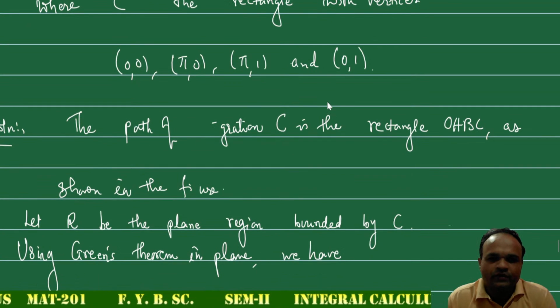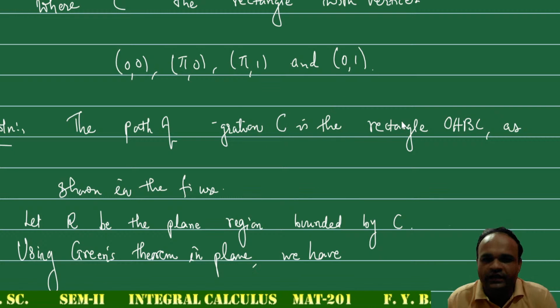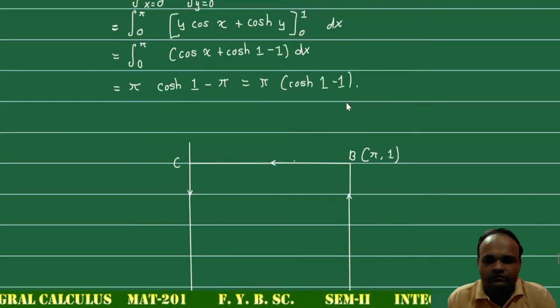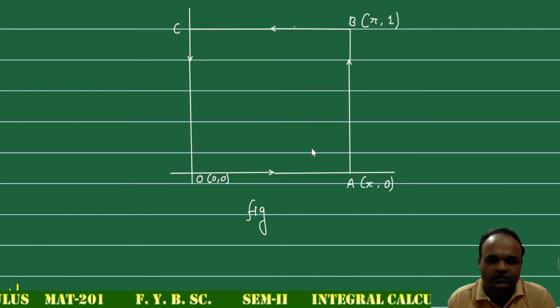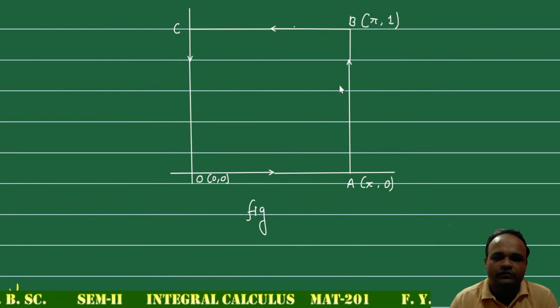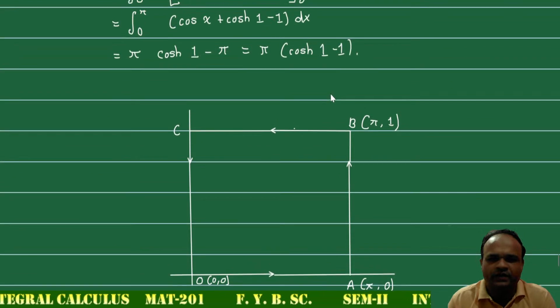So basically you can observe the path of C in the rectangle OABC as shown in the figure. I have already drawn this figure. So this is OABC, the path of this curve, and you can observe it is nothing but a rectangle.